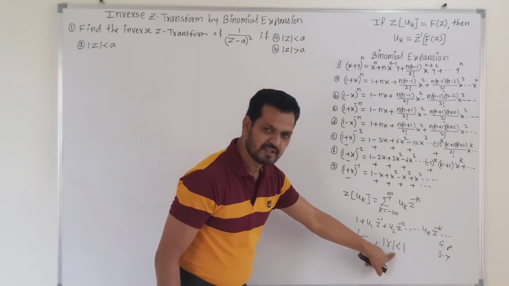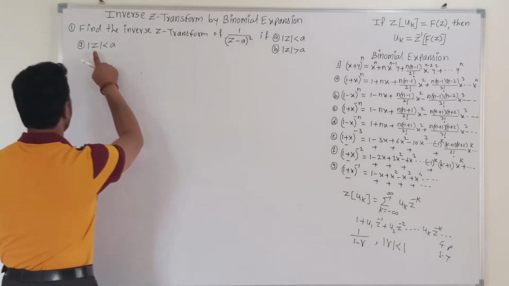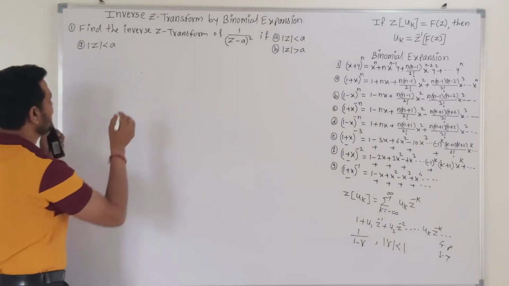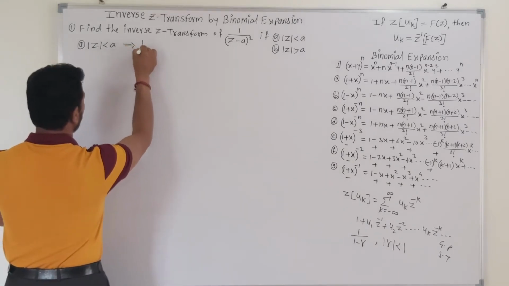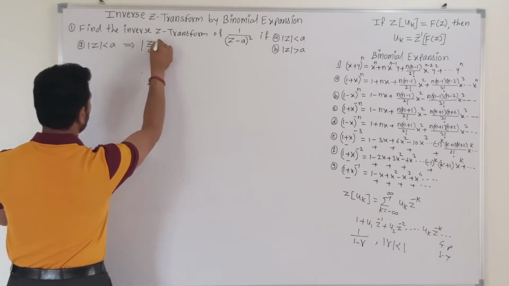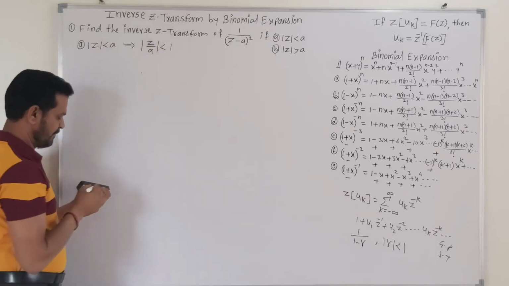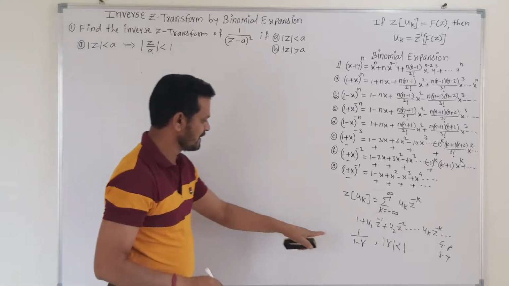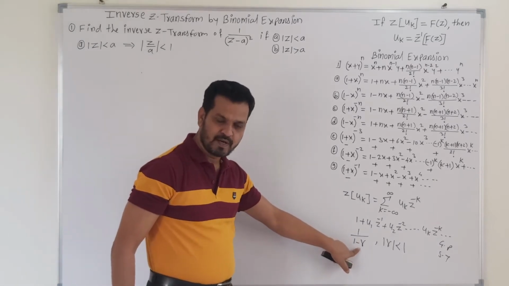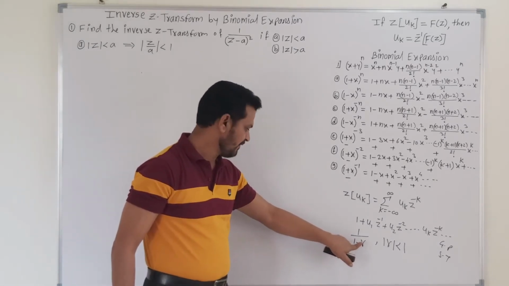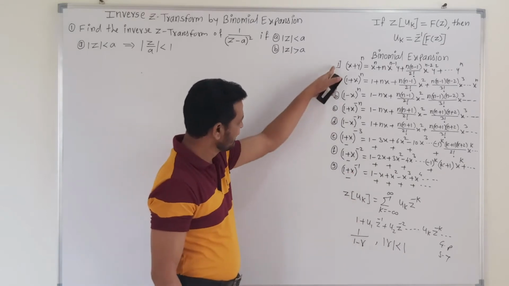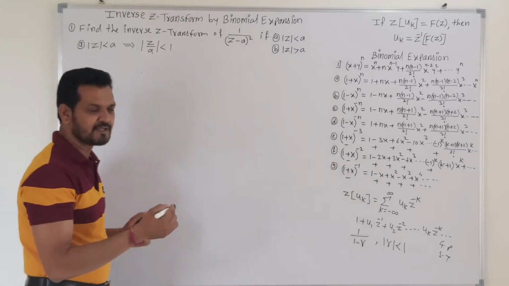That means first find out the region of convergence. So here mod of Z is less than a, so this indicates that mod of Z upon a is less than 1. So this is the region of convergence. Now the next step is to write the given function as a sum of functions in this form, so that we can easily apply the binomial expansion result.